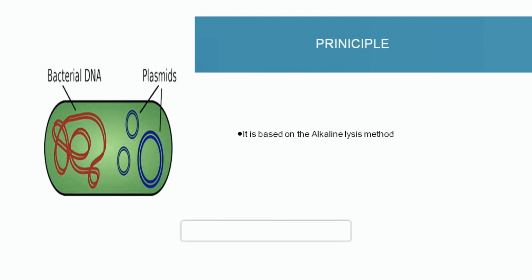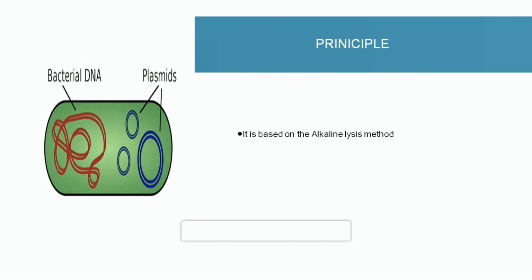In this method, the bacterial culture grown in LB broth is pelleted and resuspended in a resuspension buffer. Here, the resuspension buffer is solution 1, which is often a basic pH-rich buffer. Now, the bacteria will be lysed with strong alkali, that is SDS.